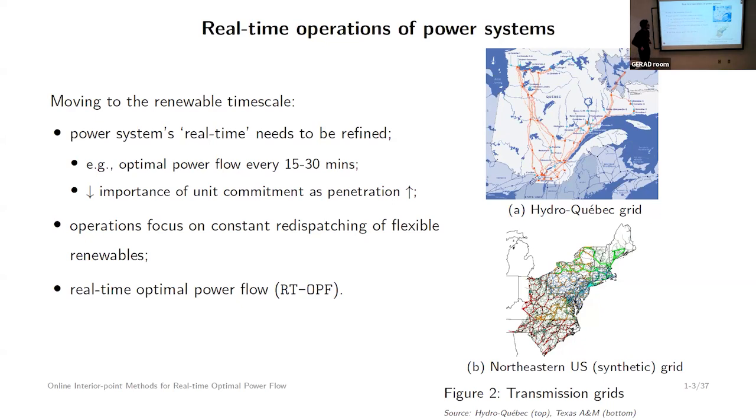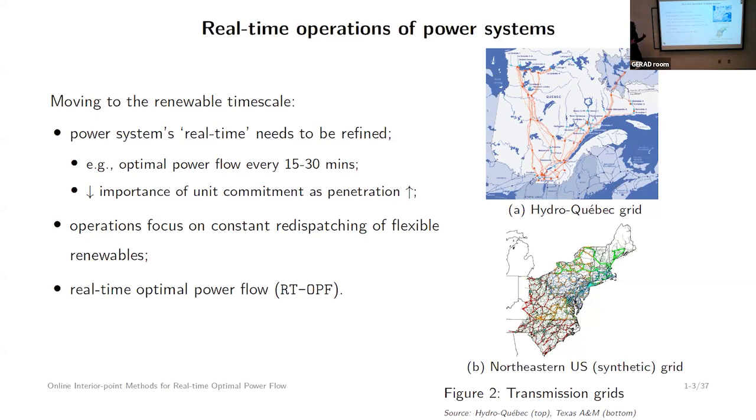That also means something that is interesting: the importance of the unit commitment problem, where we want to decide when and which gas turbine is to be fired, will decrease as the penetration of renewables increases, meaning that we can focus on just rebalancing the portfolio of renewables we have that are highly flexible up to their maximum and do not have to solve this large-scale mixed integer program.